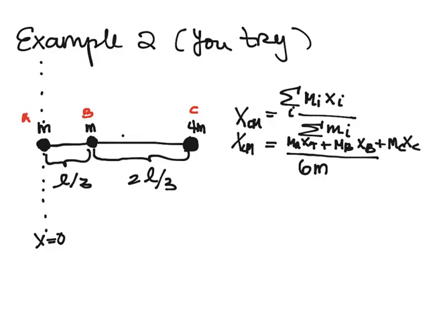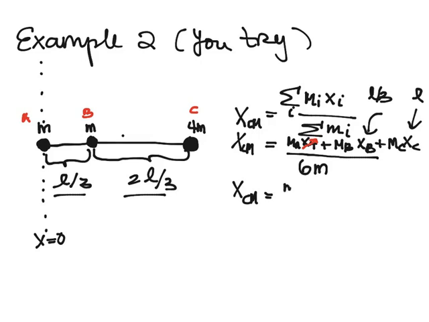And I know that XA is 0, because A is just sitting on my x equals 0 line. For xb, I'm going to put L over 3, and for xc, L over 3 plus 2L over 3 is L. Okay, so I'm going to go ahead and continue to plug things in.